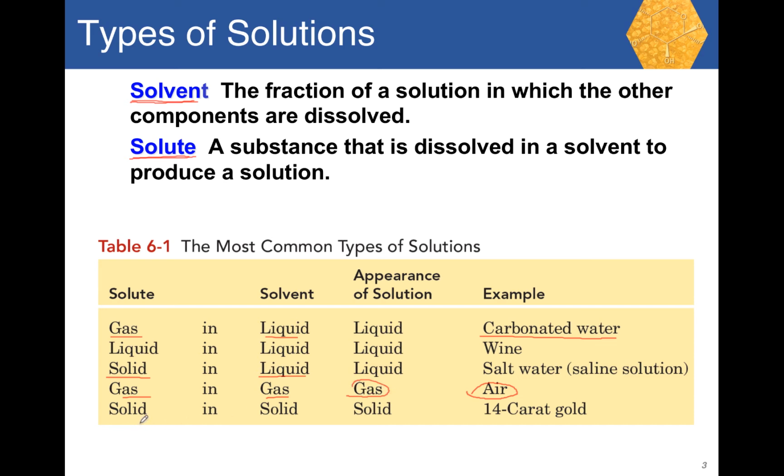One that we're familiar with is 14 karat gold. It's a mixture of a solid in a solid. So it's gold that's actually mixed with silver and sometimes iron to get a mixture of 14 karat gold. So again, you should be able to determine what is a solution and the components of a solution: solvent and solute.